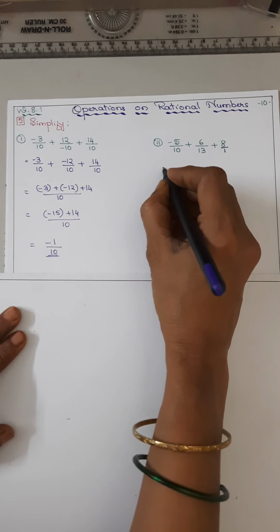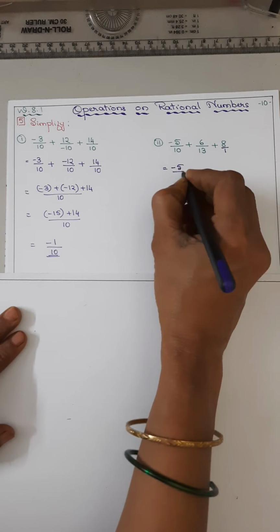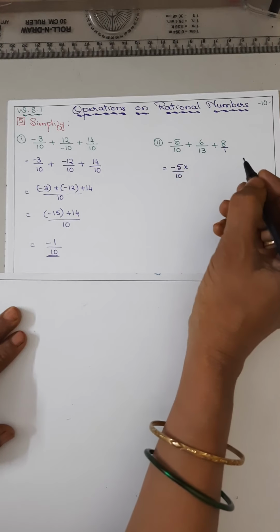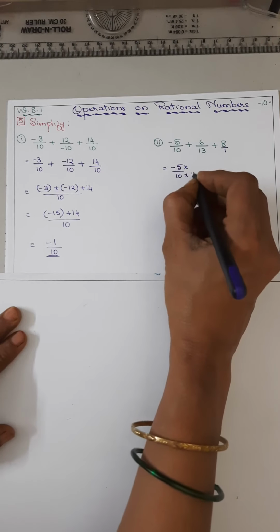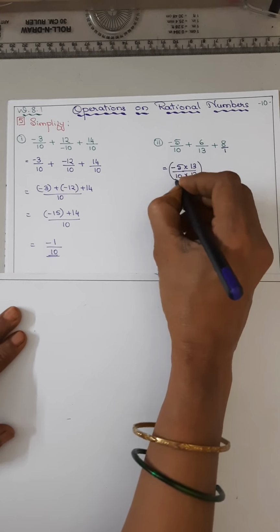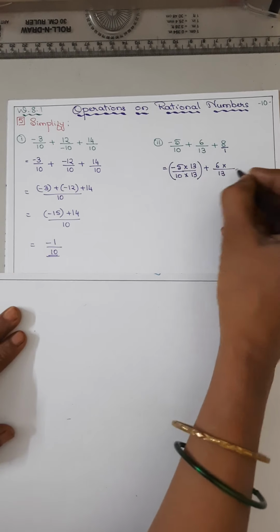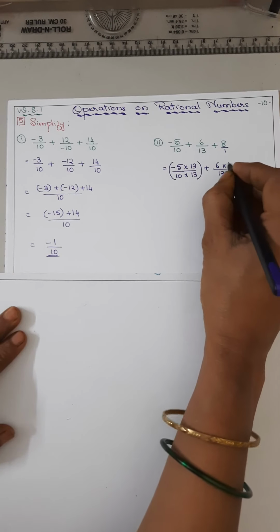So you can write it as minus 5 by 10 into (130 divided by 10, that is) 13, plus 6 by 13 into 10. Yes or no?